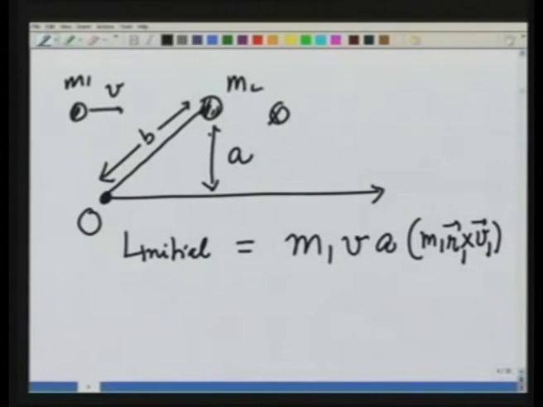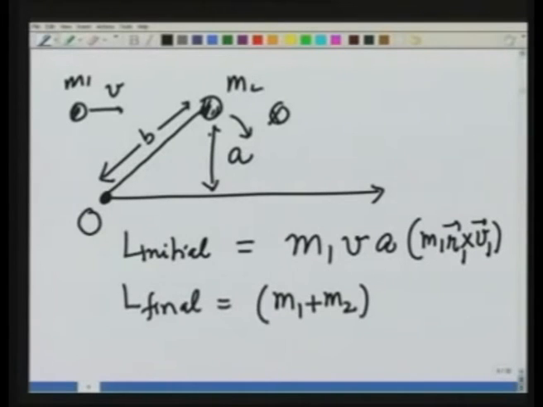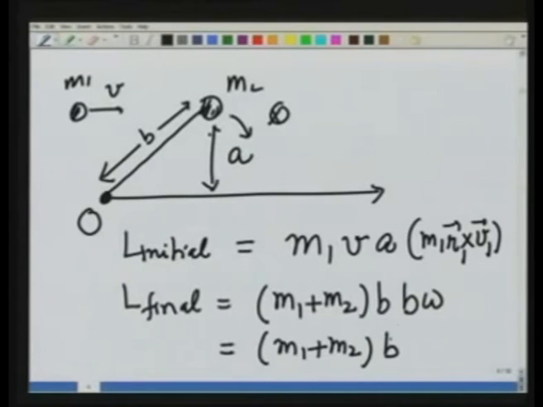After the masses get stuck and they start moving with angular speed omega, L final is going to be, now the masses m1 plus m2 will be moving with speed omega, so the velocity is going to be b times omega, and times b gives me L final, which is m1 plus m2 times b square omega. Again, the direction being into the plane of this paper.